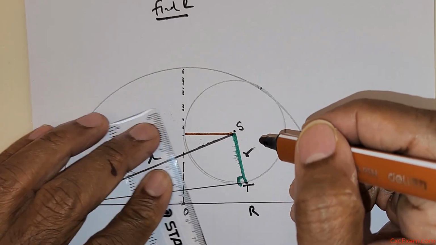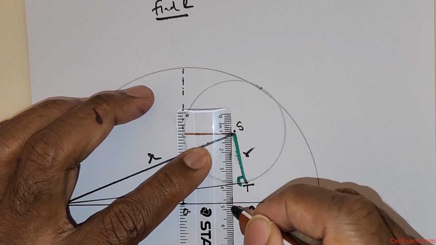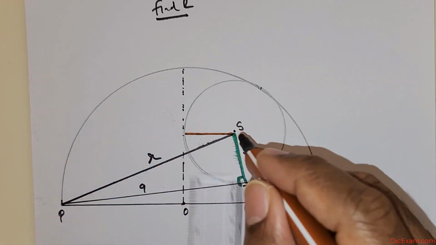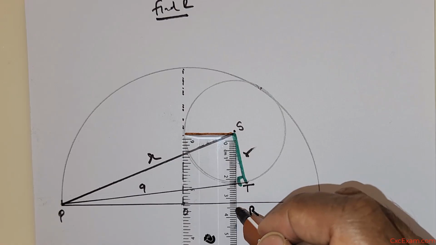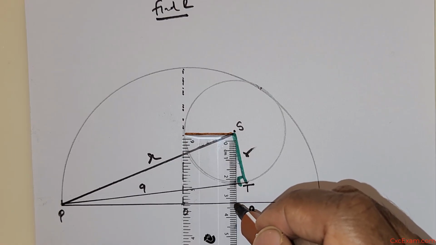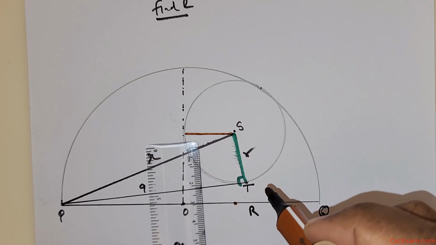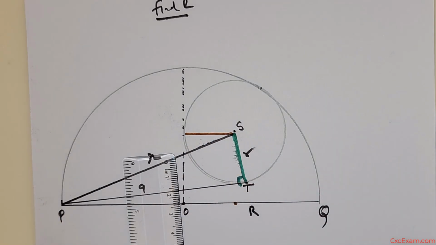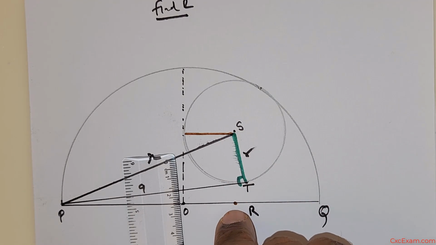So that would mean I can actually have the same length. The same length that you see here can also be marked on this diameter. So that would be somewhere over here, right? So now the next step is, I would like to drop a perpendicular from S to this point here.